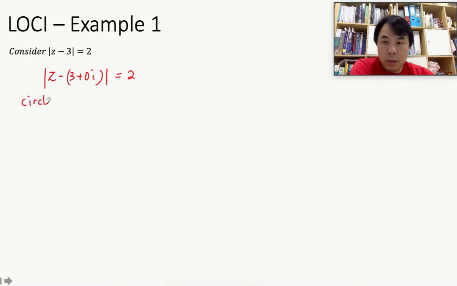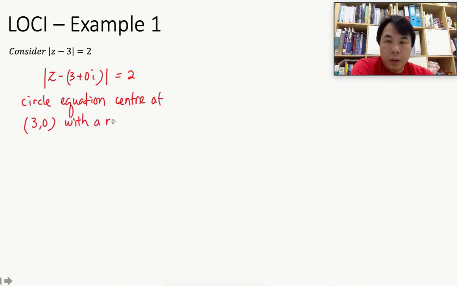So I'm going to write that down: circle equation, center at this coordinate here, which is 3, 0, with a radius of 2 units. That's how the geometrical perspective of these complex equations should look in this case.